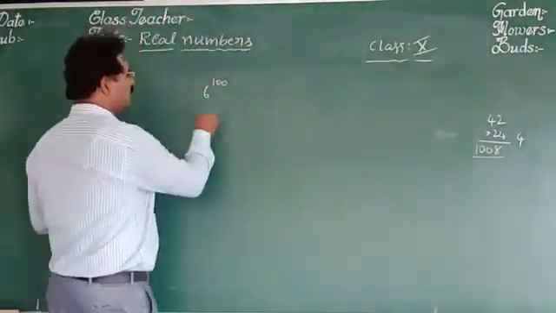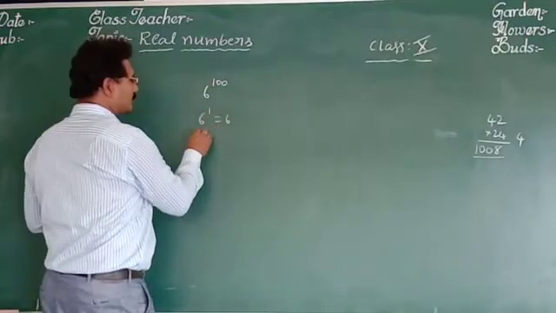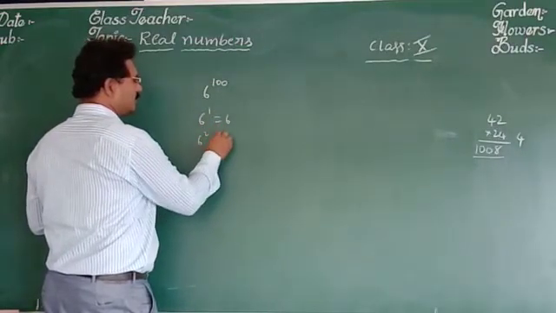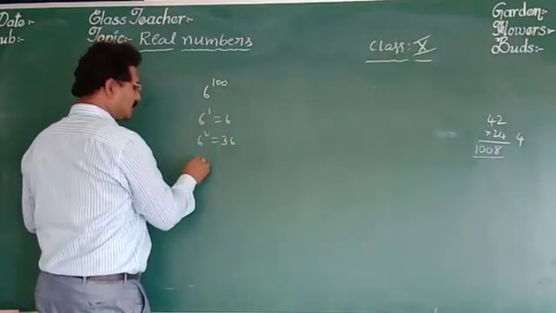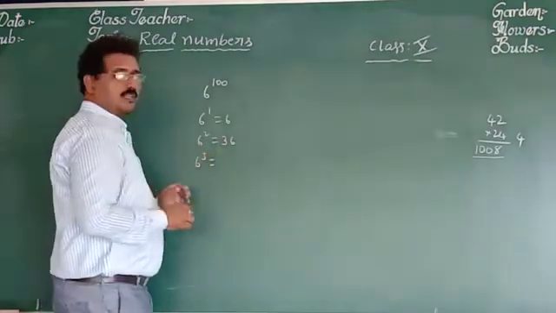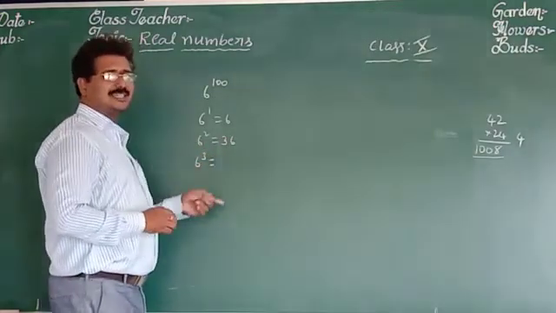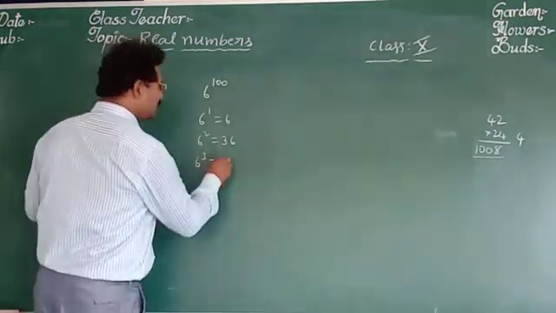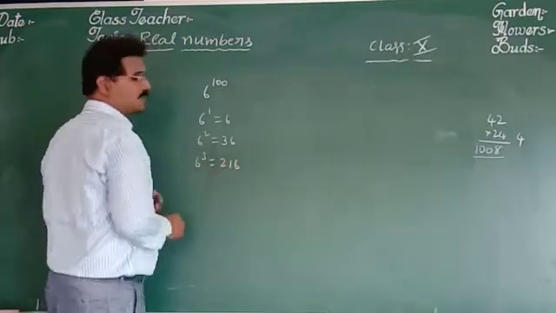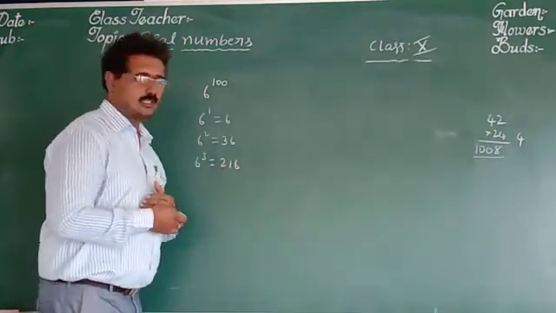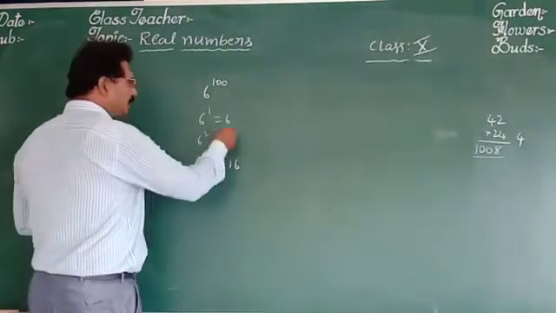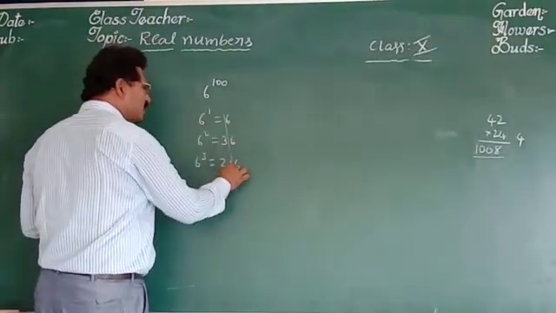6 to the power 1 is equal to 6. 6 square is 6 6s are 36. 6 cube is 6 into 6 into 6. 6 6s are 36, 36 6s are 216. So now in each and every case, what is the last digit?